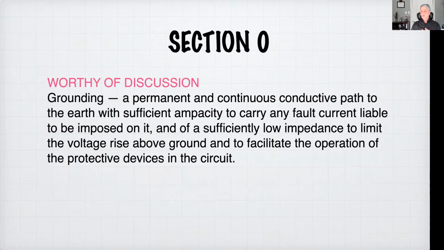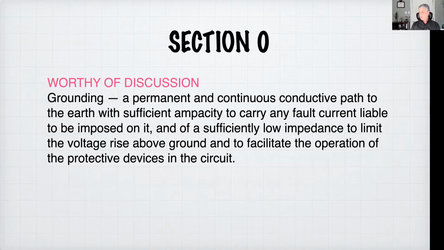All right, just going to take a moment here, and we're just going to briefly touch on grounding and bonding. It's worthy of discussion. As a regulator, I see a lot of grounding done incorrectly. And what is grounding?